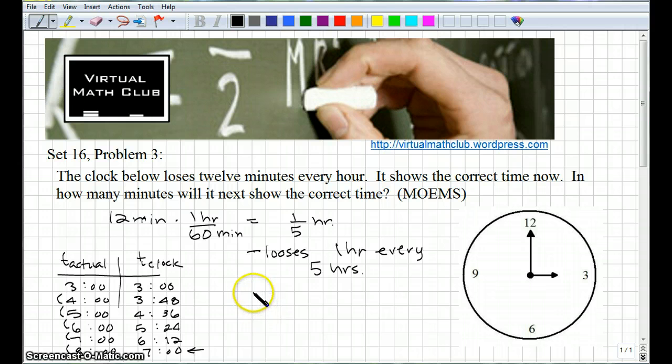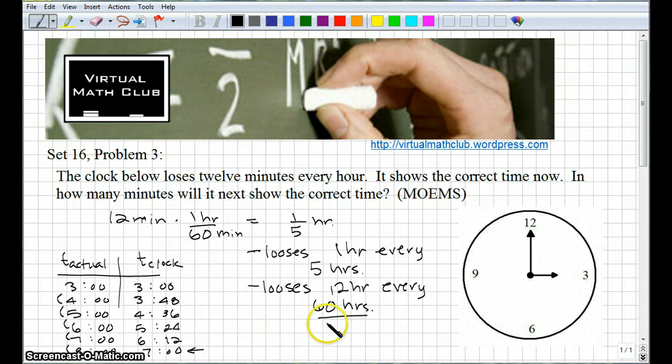So how long will it take to lose 12 hours? So it loses 12 hours every, well, 12 times 5, so that's going to be 60 hours.